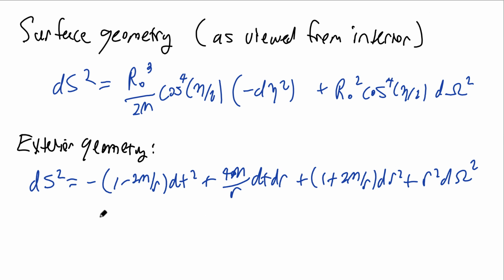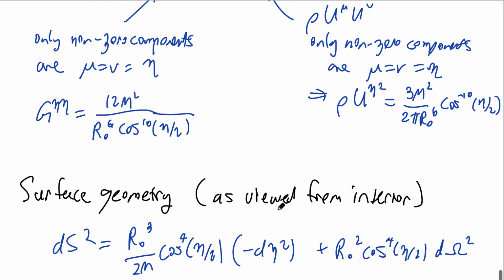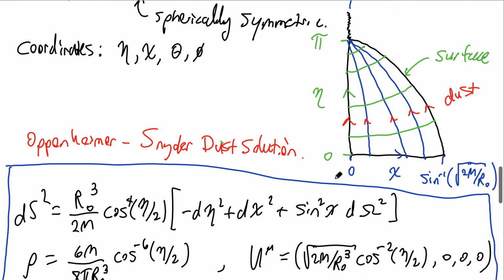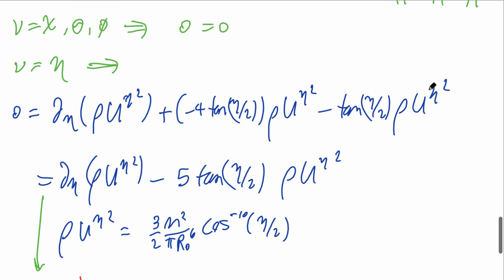Now the surface of the star as viewed from the outside is some curve in the TR plane. So it's this curve, and we can parameterize the curve using the coordinate values eta. So each point along this curve has a value of eta that it inherits from the coordinates on the inside. So we'll describe the surface of this star from the outside as some parameterized curve T of eta, R of eta.